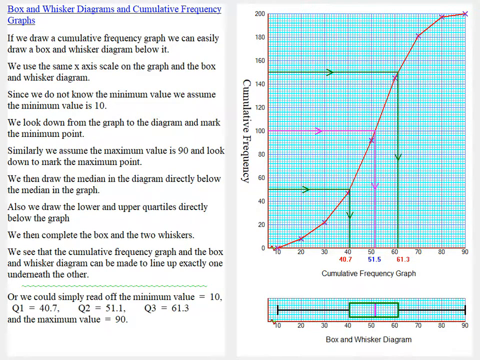Or we could simply read off the minimum value, which is 10, Q1, which is 40.7, Q2, which is 51.1, and Q3, which is 61.3, and then the maximum value of 90. We can then plot these on a scale on graph paper to get the box and whisker diagram.